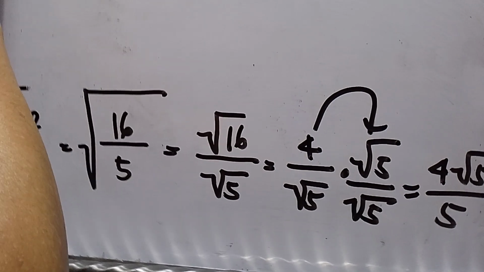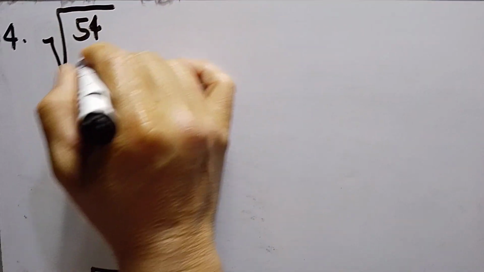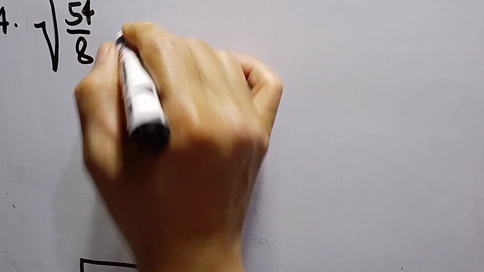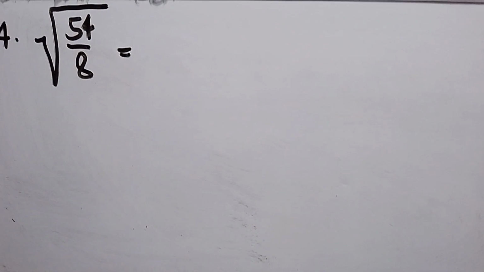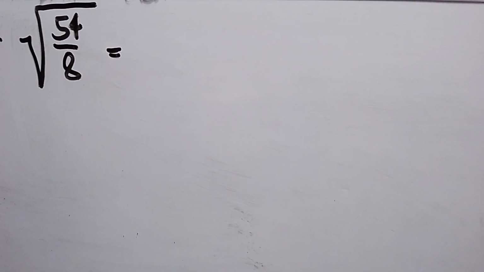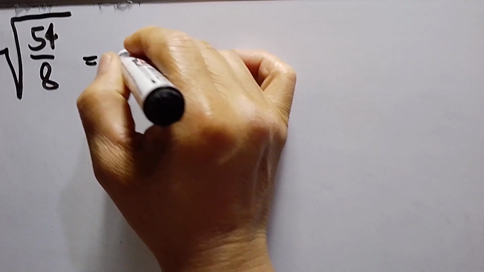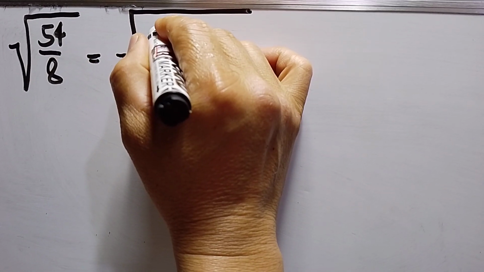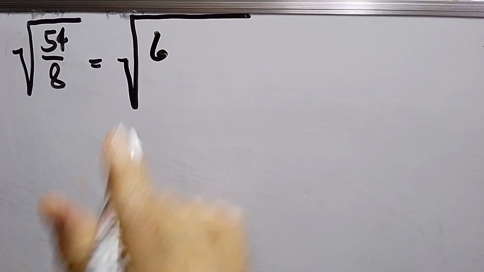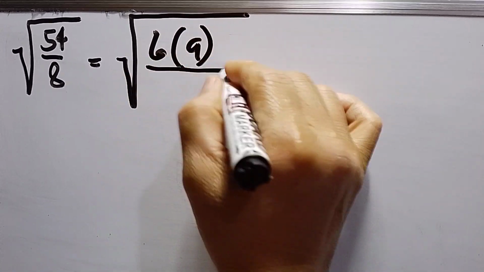Now, let's proceed to number 4. Square root of 54 over 8. What are the factors of 54? 54 will be 6 times 9. Then how about 8?